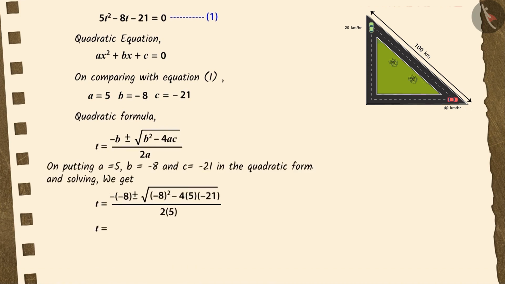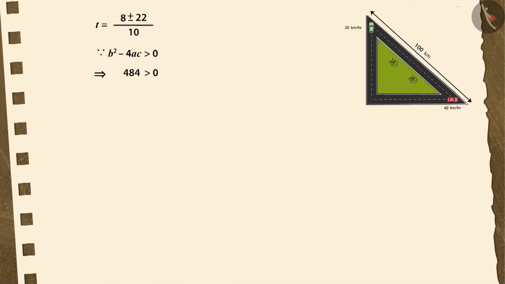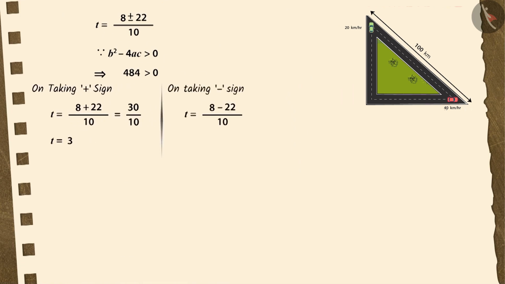By putting all the values in the quadratic formula, by taking the positive sign, we get the value of t as 3, and by the negative sign, t as negative 1.4.